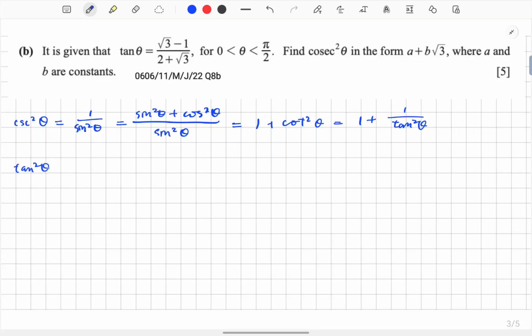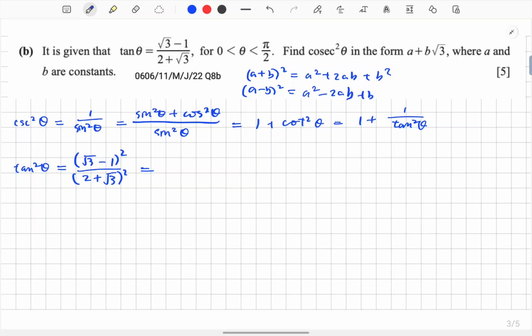So first, tangent squared theta will be root of 3 minus 1 over 2 plus root of 3, and both are squared. And we'll use the identity a plus b squared is a squared plus 2ab plus b squared, and a minus b squared is a squared minus 2ab plus b squared.